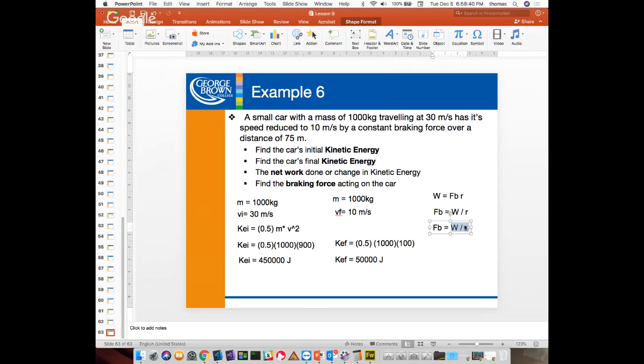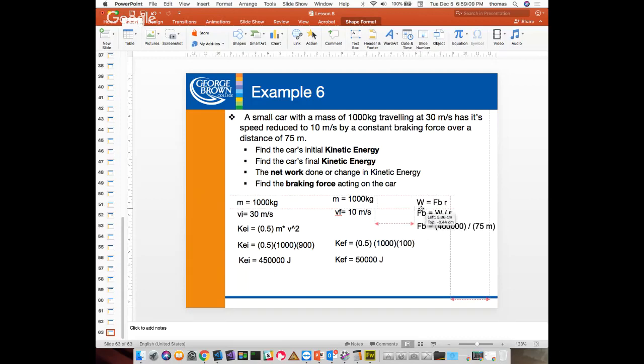That's in joules, so we put that in there. I'll show you that equation in a second. So that's 400,000 divided by the distance, which is 75 meters. That's what we've been given. That's the distance it took to stop. It took 75 meters to travel that much. So the net work done.